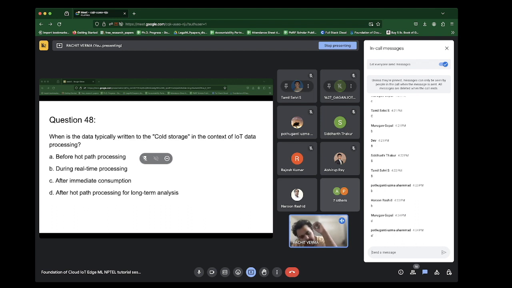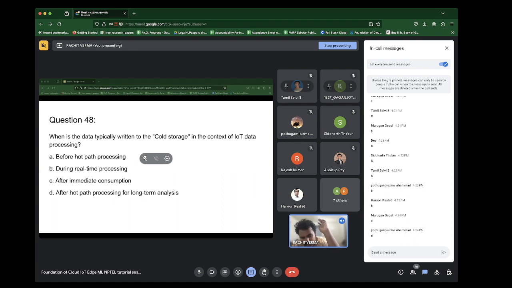But after you have done the hot path, now let's say you want to do some sort of long-term analysis on the temperature. Let's say you use the hot path to convert data from Fahrenheit to Celsius. Now after you have done this hot path processing, you want to figure out on average what kind of trends the machine temperature follows.